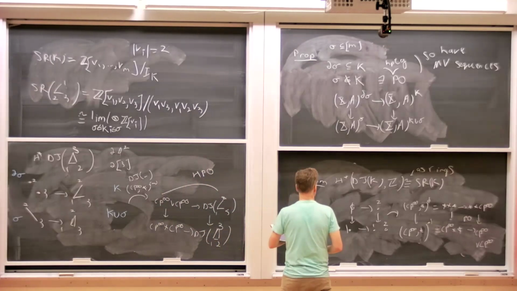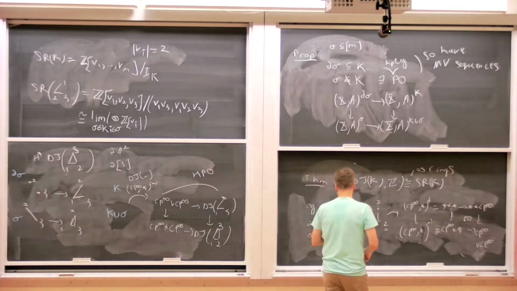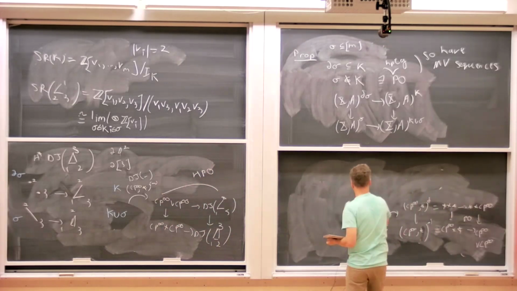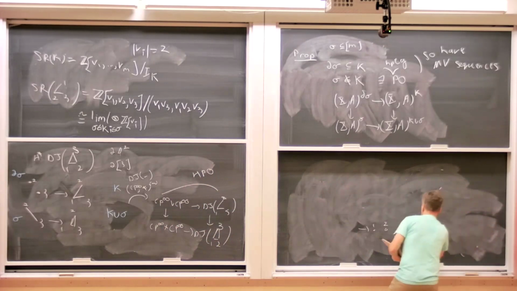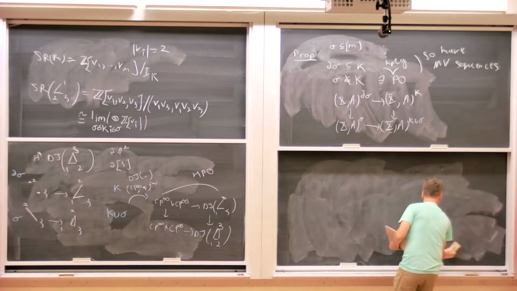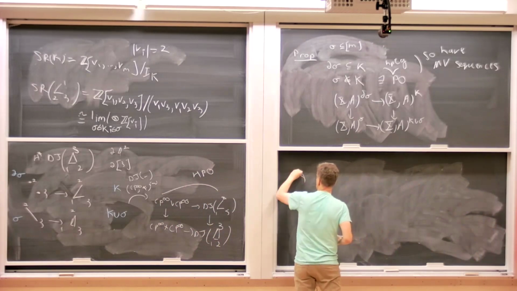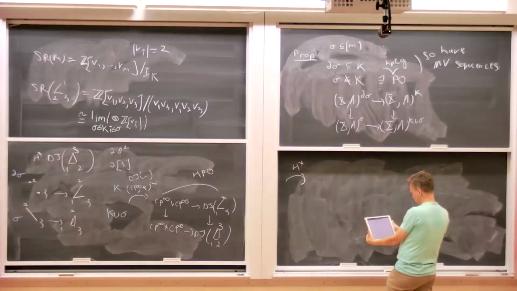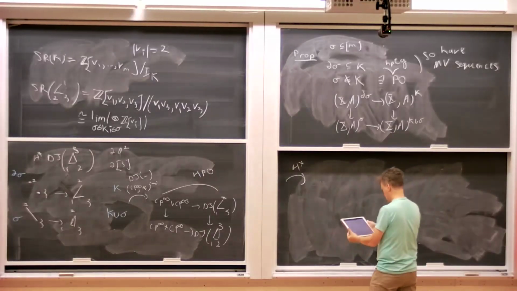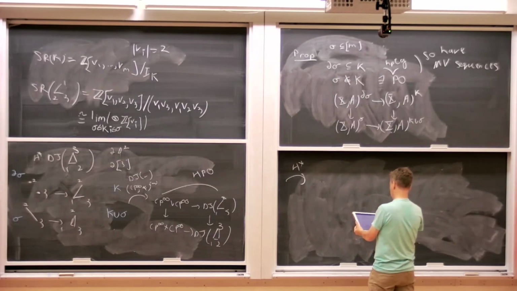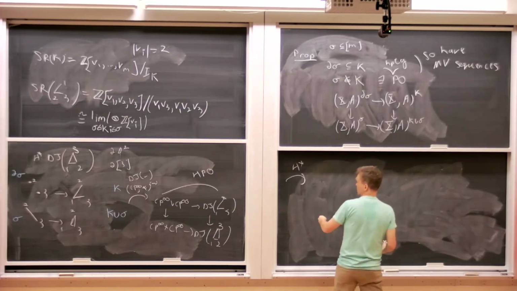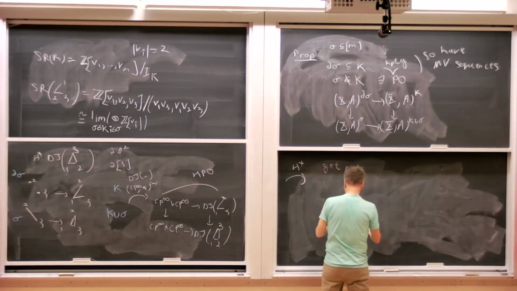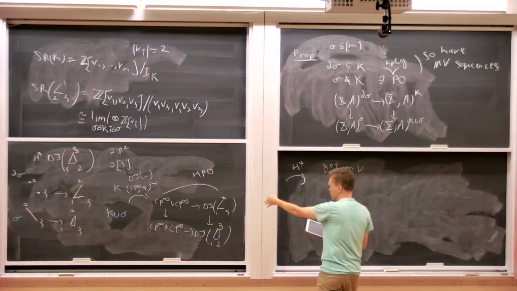Because it's a homotopy pushout, the next thing we do is apply H star to that, with Z coefficients, and we get a Meyer-Vietoris sequence. Of course, the arrows are reversed.